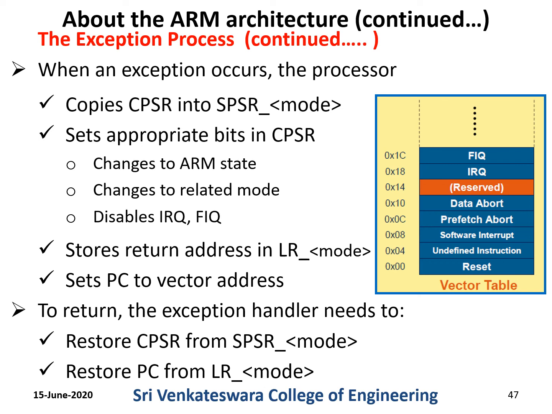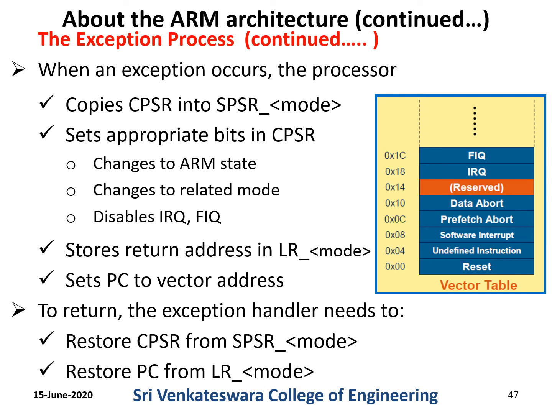Assume that an IRQ request, a normal interrupt request, has come. So when this interrupt request has come, the processor copies the current program status register into the SPSR register corresponding to the IRQ mode of operation. We know that there are 5 different SPSR registers corresponding to 5 different modes of operation of the processor.